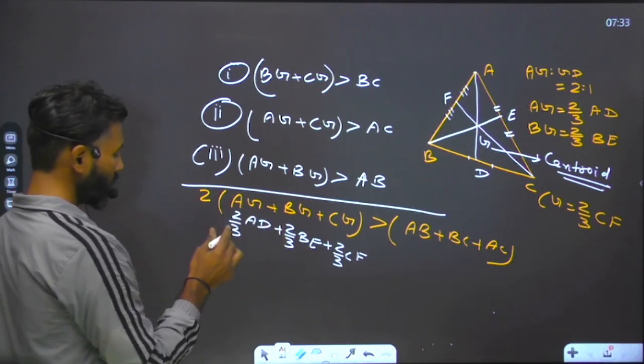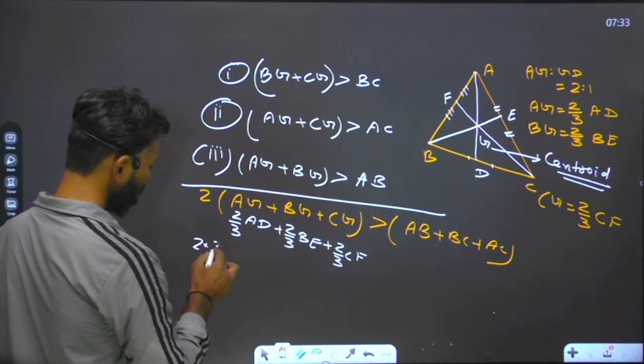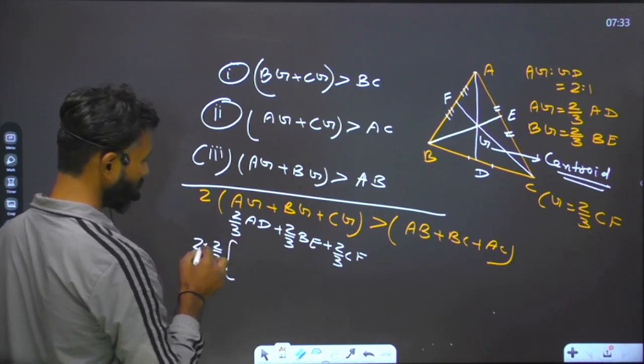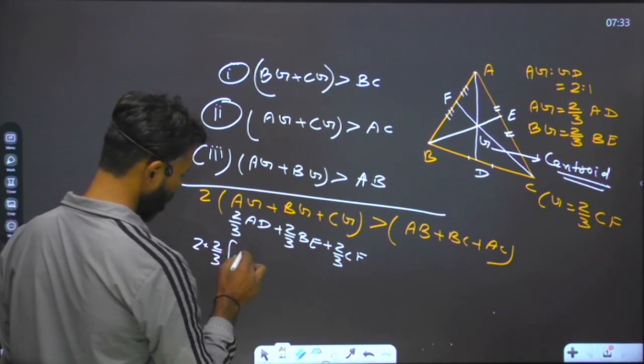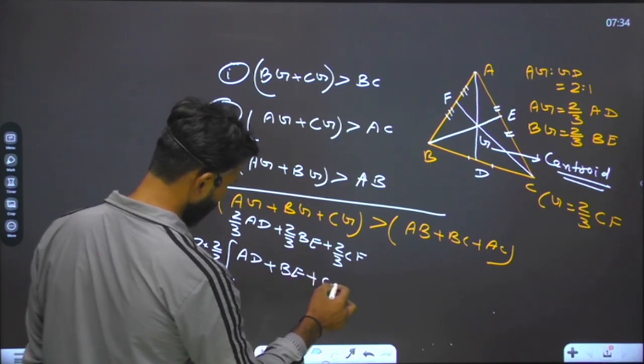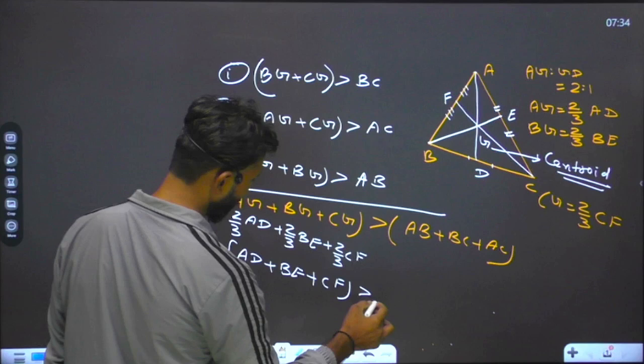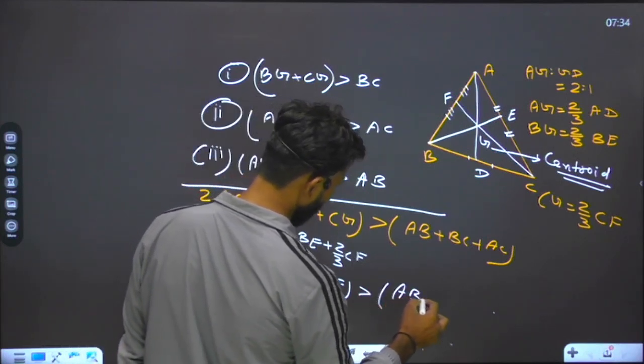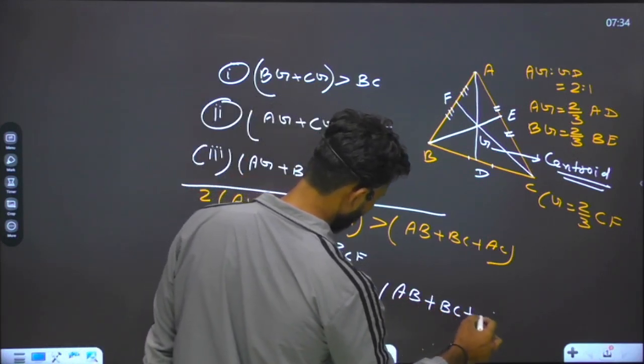So 2 times 2/3, within the bracket, what will we get? It will be AD plus BE plus CF, and it will be greater than AB plus BC plus AC.